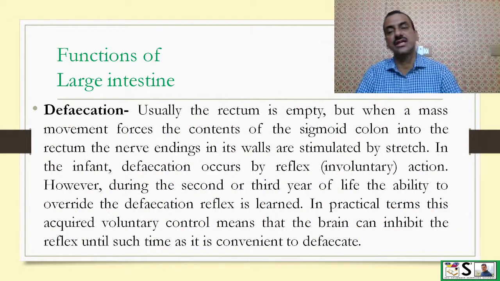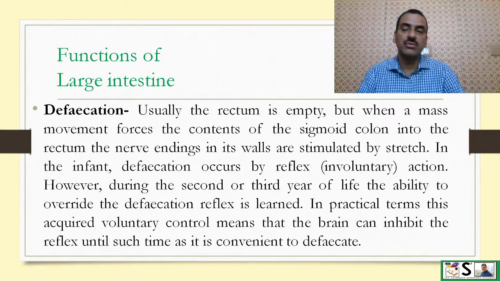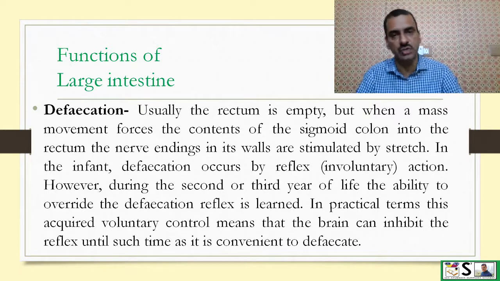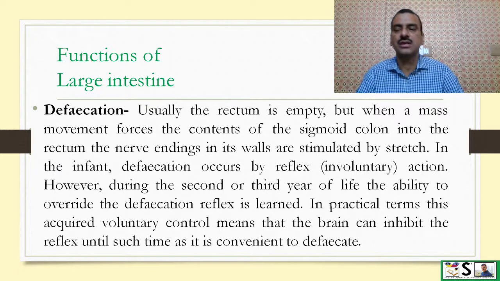Next function is defecation. Usually the rectum is empty, but when mass movement forces the contents of sigmoid colon into the rectum, the nerve endings in the walls are stimulated by this stretch. In infants, defecation occurs by reflex or involuntarily.